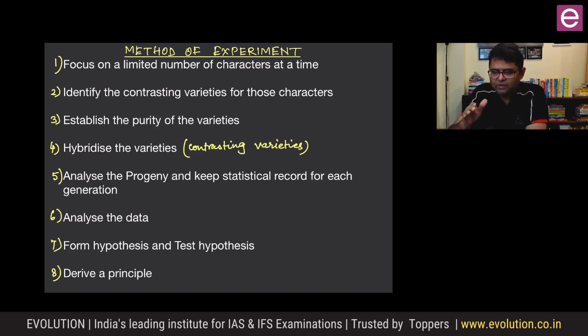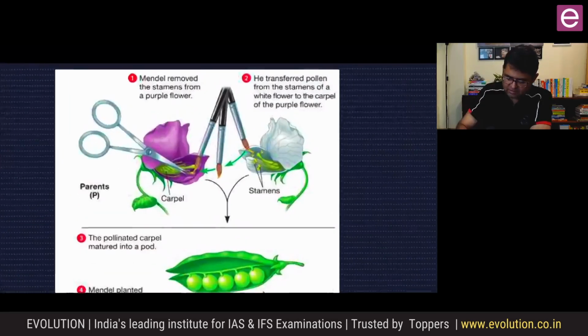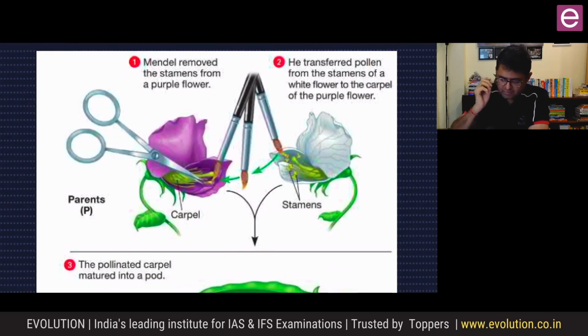Now we are moving to the structure and manipulation of Pisum flower. So Mendel removed the stamens of one type of flower, for example here the purple flower, and then he transferred the pollens from the stamens of white flower. So first and foremost, with the help of scissors, you cut the stamens.